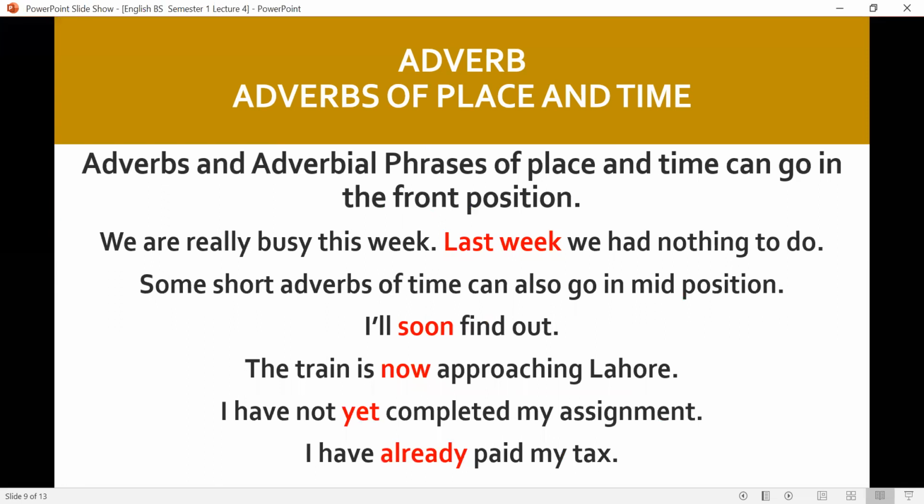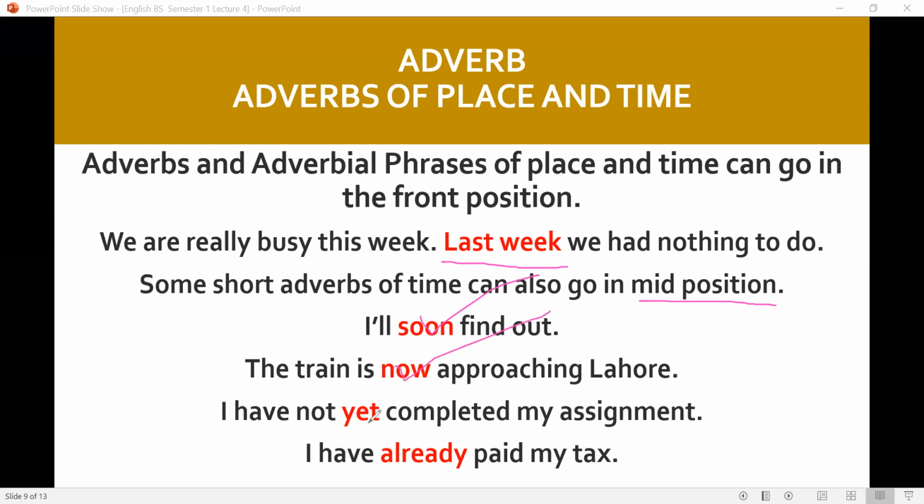There are also some adverbs of time and place which we may use in the front position. We are really busy this week. Last week we had nothing to do. Some short adverbs of time can also go in mid position. I will soon find you out. The train is now approaching Lahore.